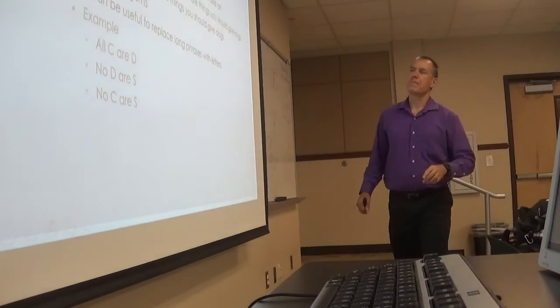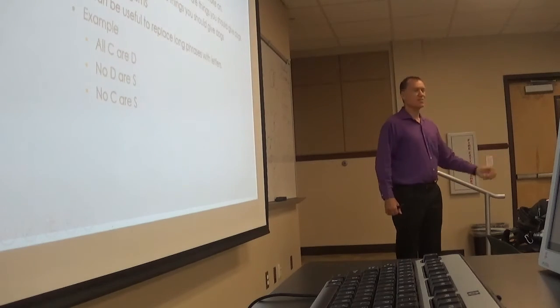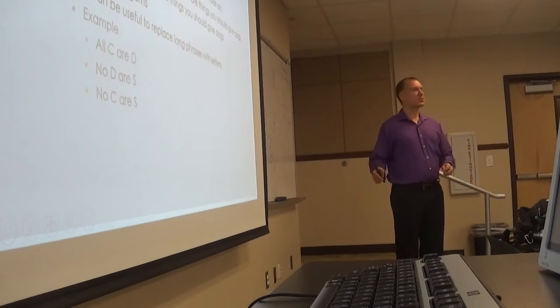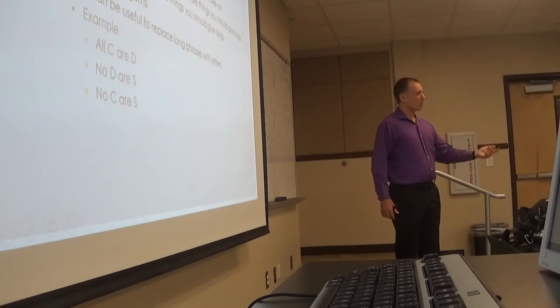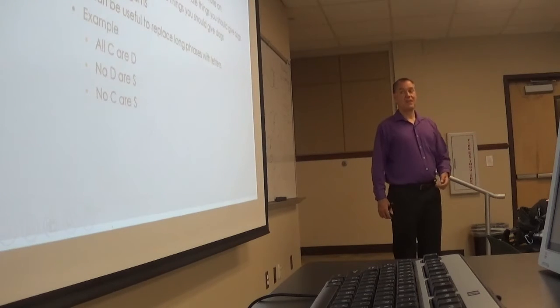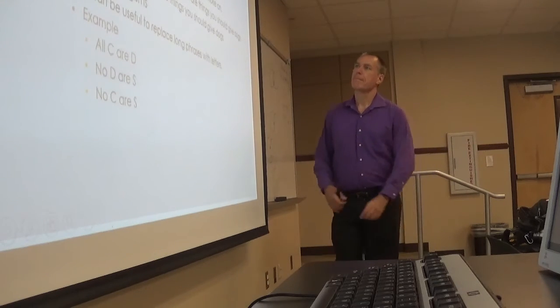Now, being arguments, they can of course have missing pieces. One thing that makes categorical syllogisms easy to work with in this case is, if you know you've got a categorical syllogism, you would know exactly how many pieces are missing, because there are 3 pieces, and so if you haven't got them all, you know the exact number missing.